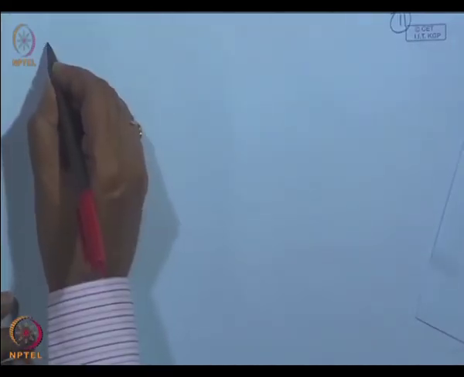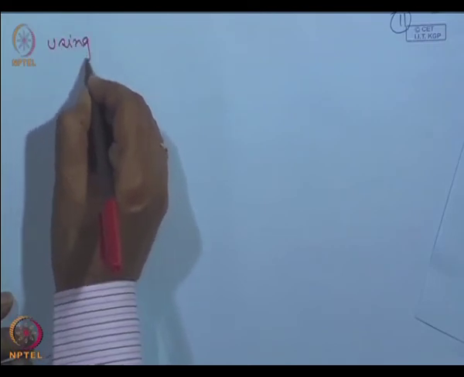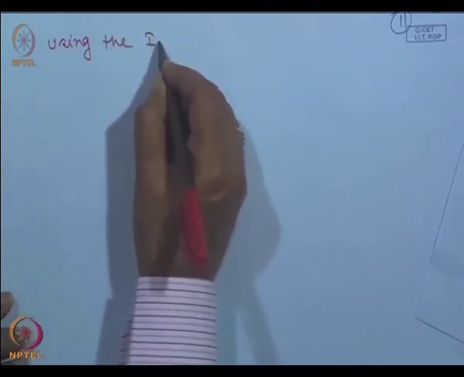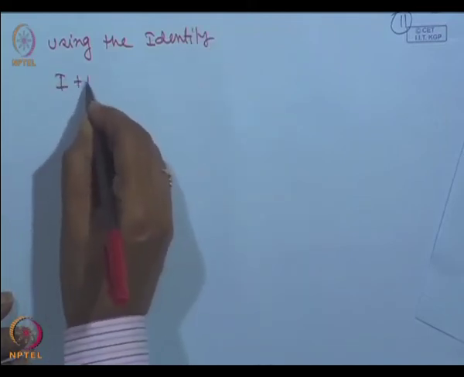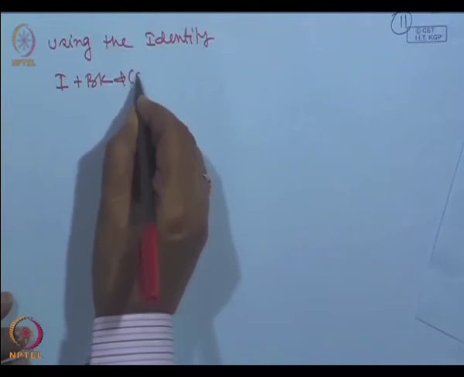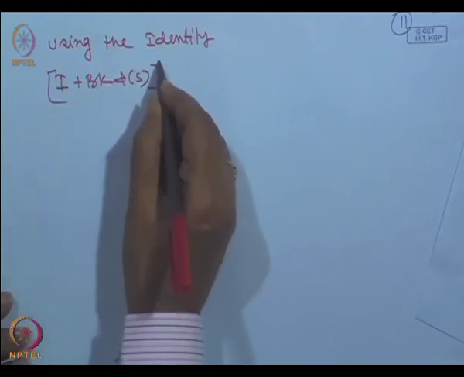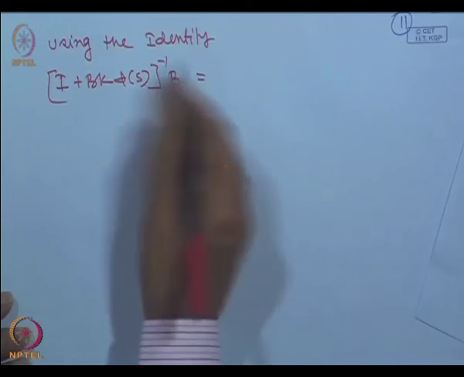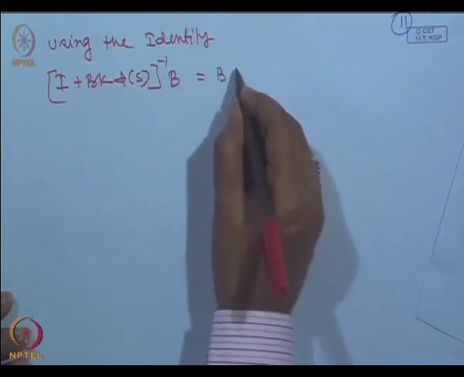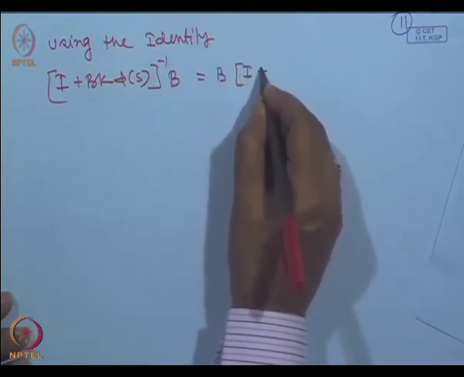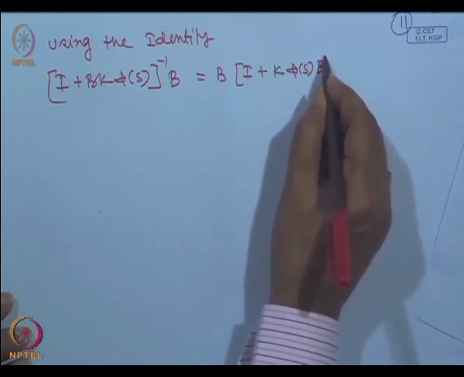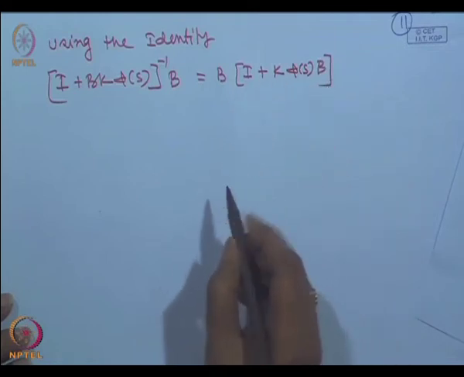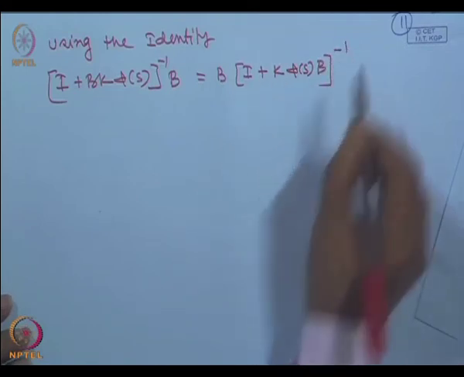Finally, once again we are using this identity: (I plus B k phi of S) whole inverse B, you can write in reverse order as B (I plus k phi S B) inverse.